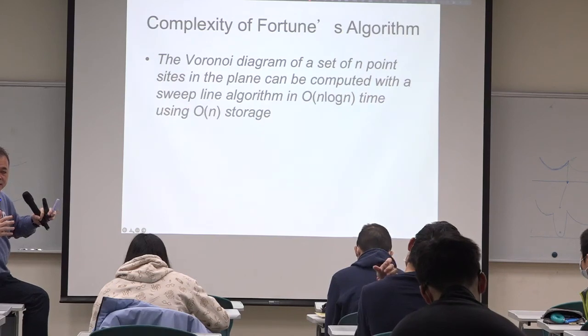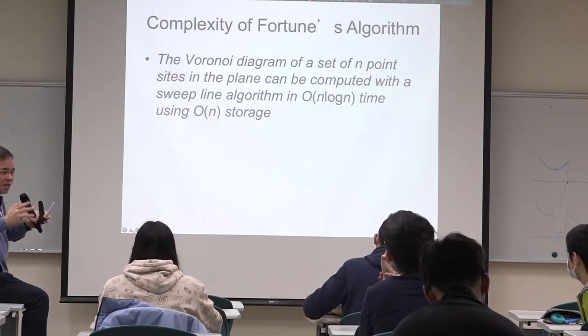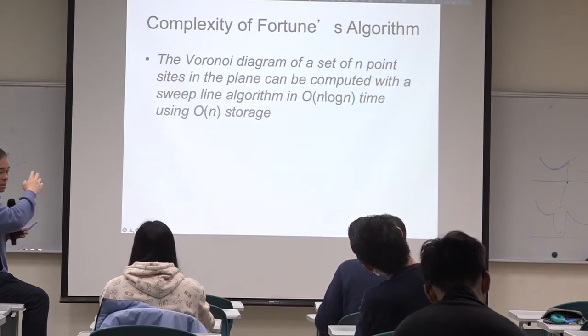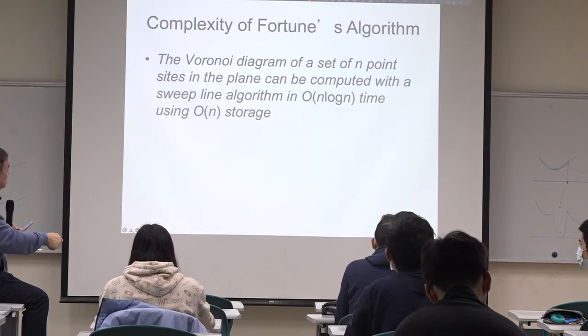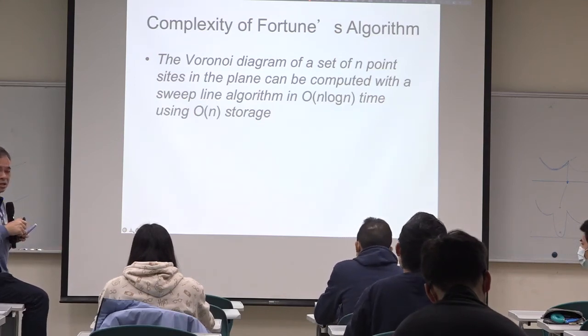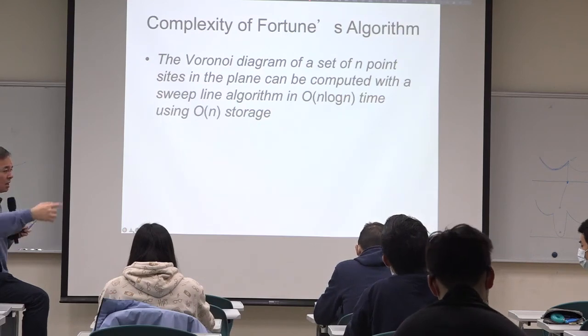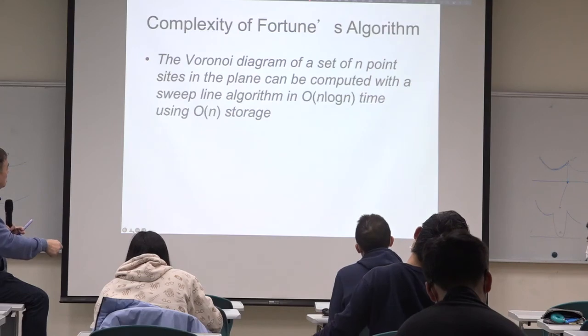Each event takes log n time to handle, because you are talking about the priority queue, where each operation takes log n time. So basically it's n log n.